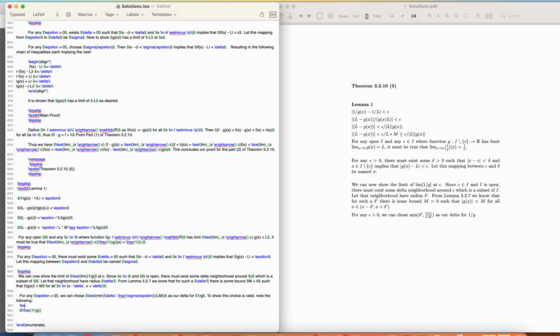And so here I think it's good to use some quick align because we need multiple expressions at least to explain this out in a more precise manner.